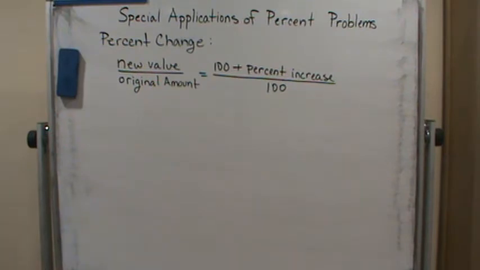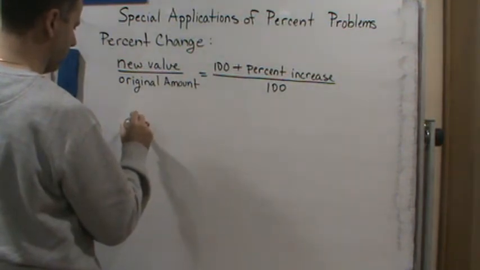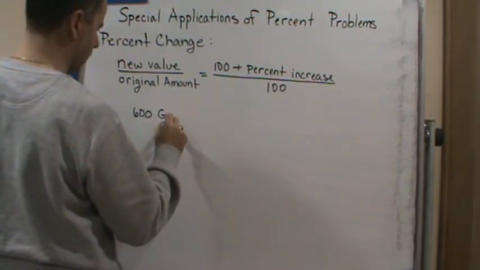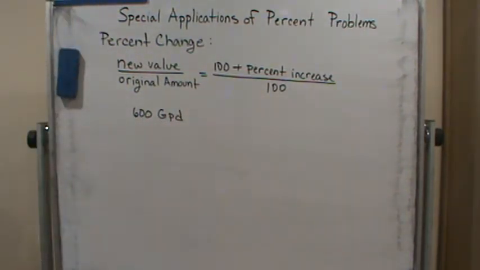So in this example, it says, suppose that the output of a certain machine at the Acme Gidget company is 600 gidgets per day. So that's the output, 600 gidgets per day. I'll just call it GDP, gidgets per day.